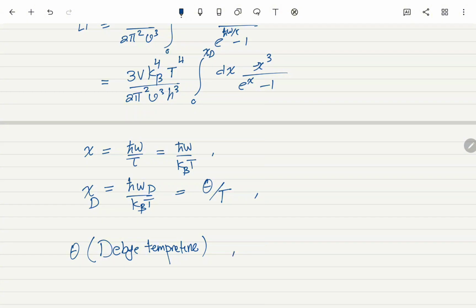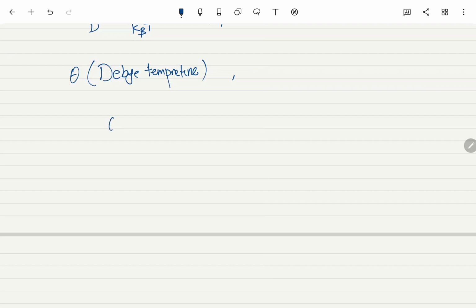So theta here will be equal to h bar v over kB times 6 pi squared N over V to the power 1 over 3.